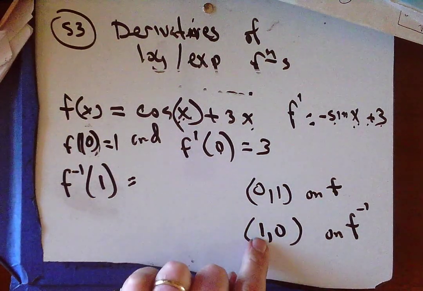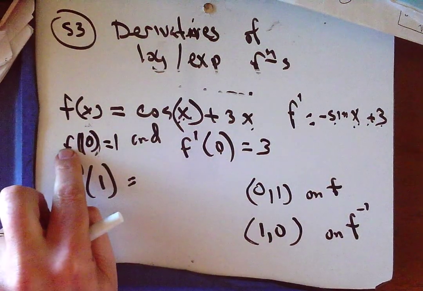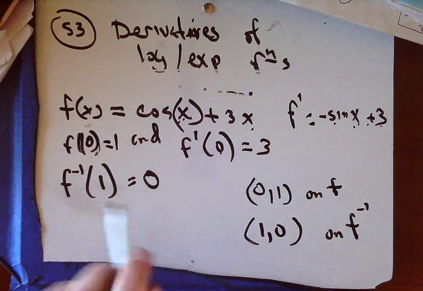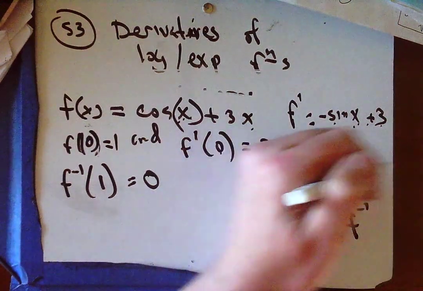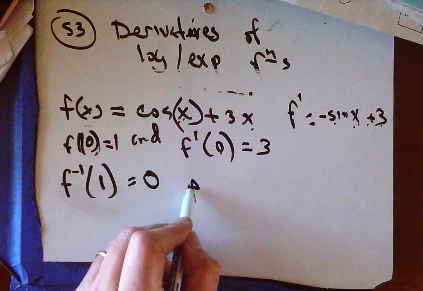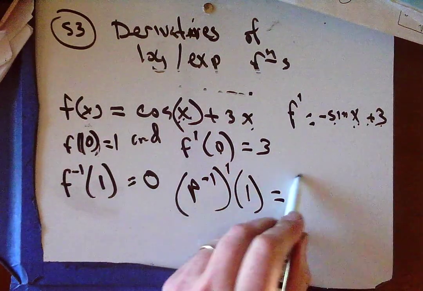Look. So if this point exists on f, then this point, flip the x's and y's, must exist on f inverse.